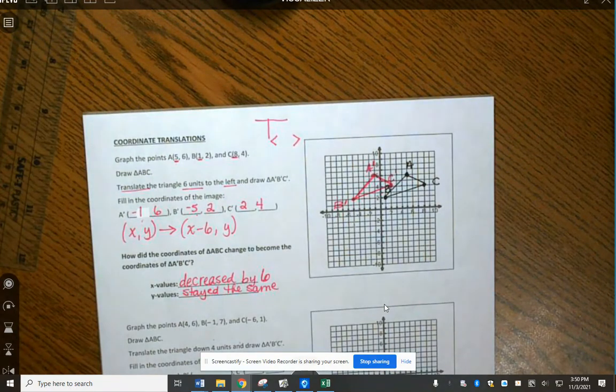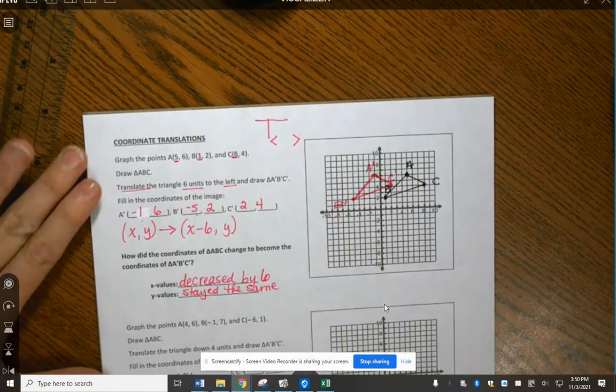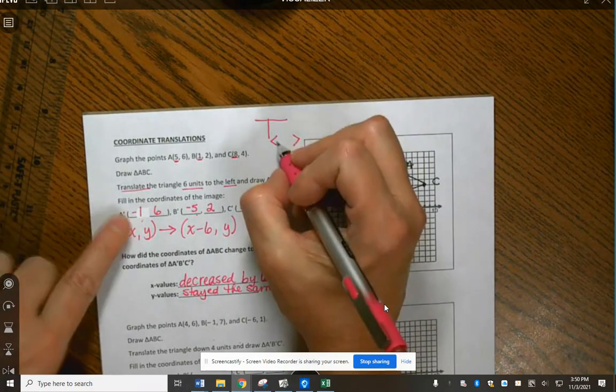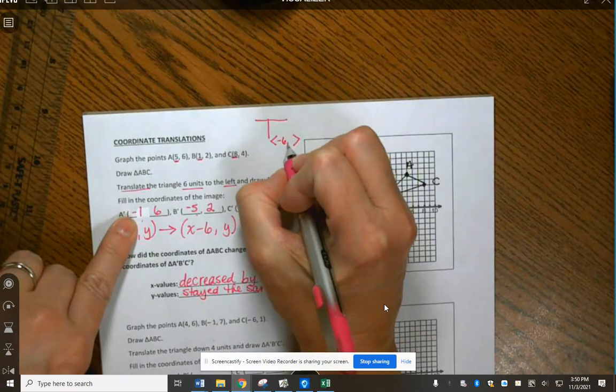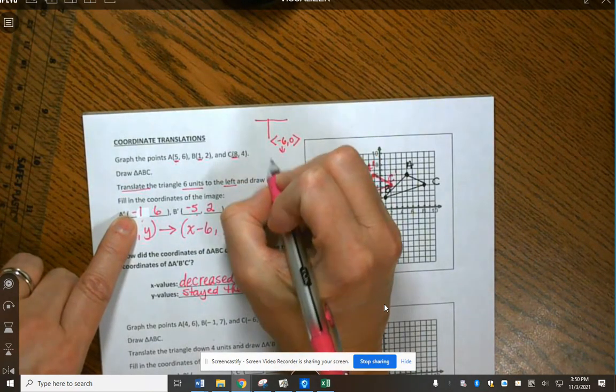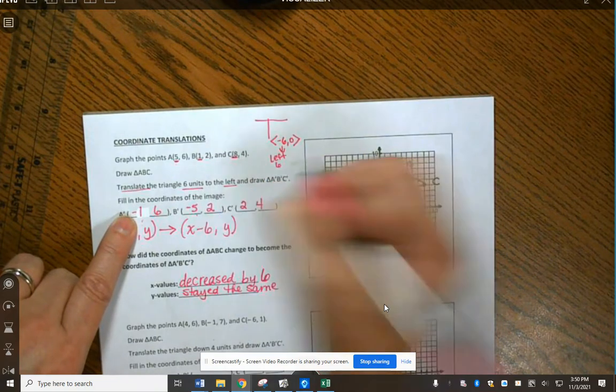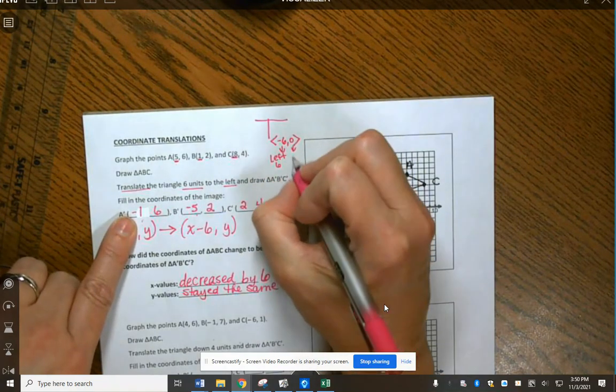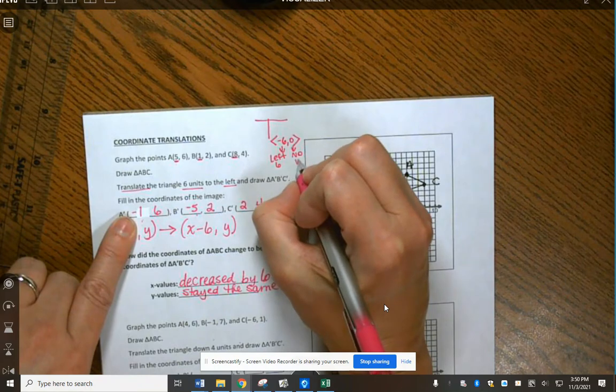Component form looks like an ordered pair, but instead of curved parentheses, they're pointed. And you're moving that x value -6, but the y stays 0. So that just tells you that you're going to the left 6, but there's no vertical change.